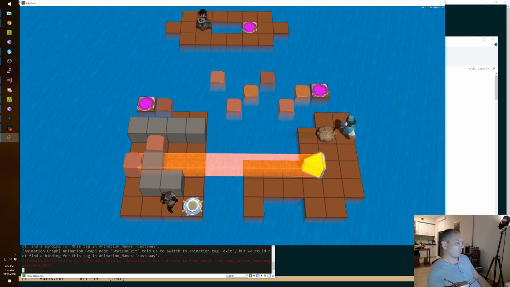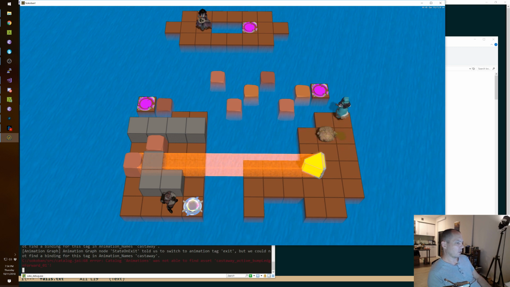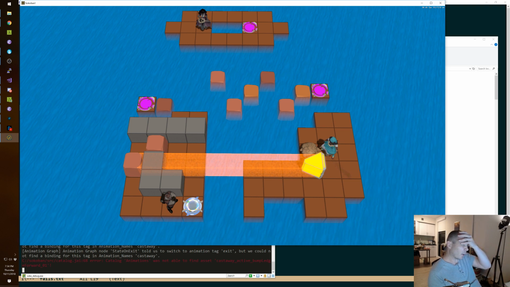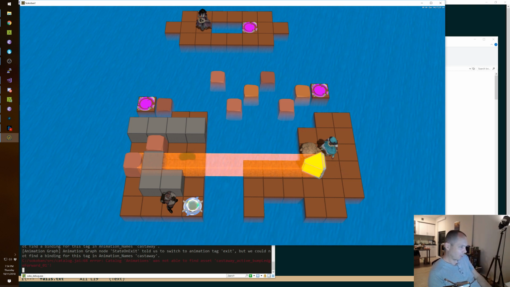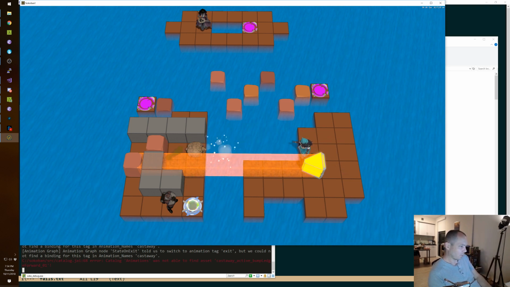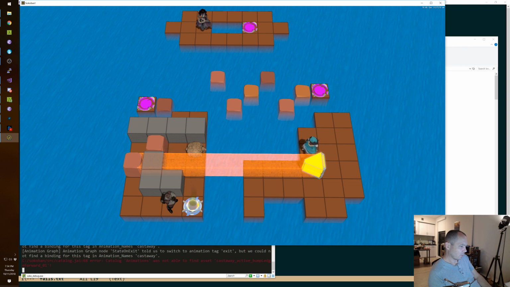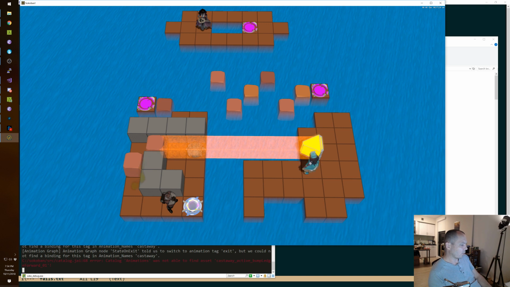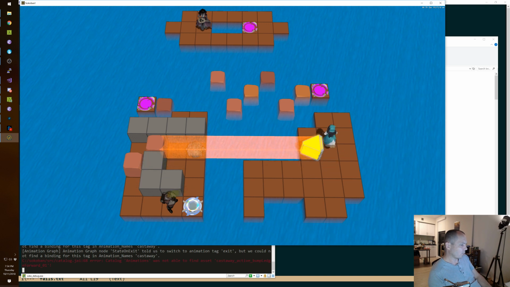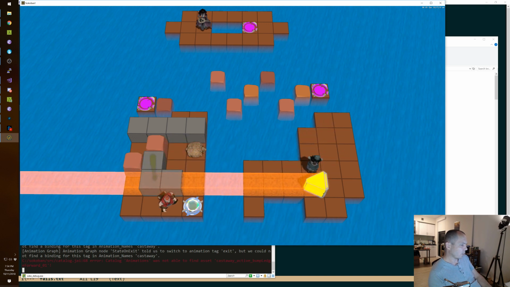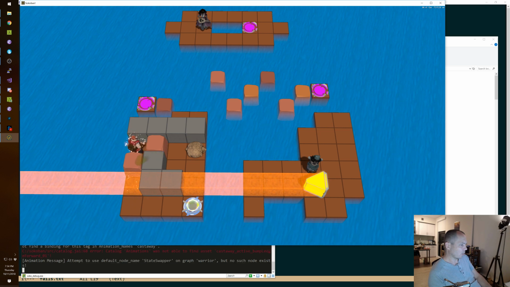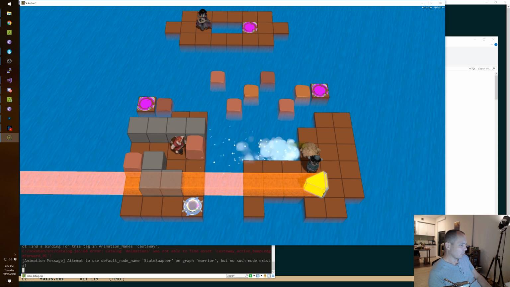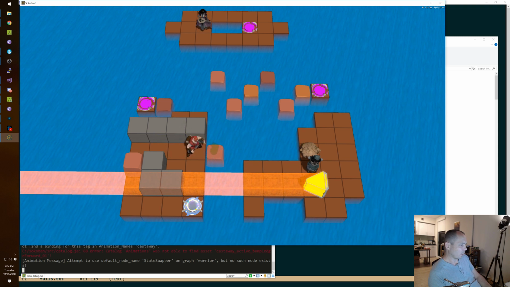That's a thing that we need to fix generally. Undo is very often missing the last thing that happened. So how do I solve this? Well, I go there. My guy goes there, pushes that.